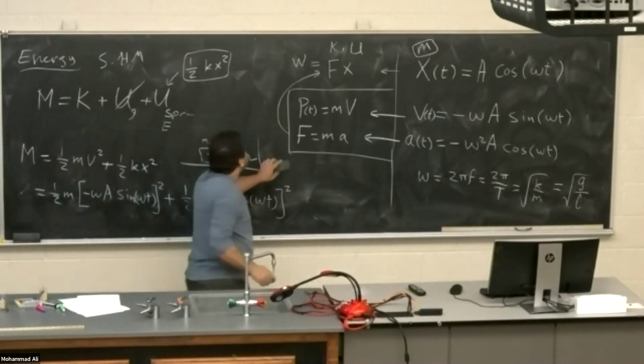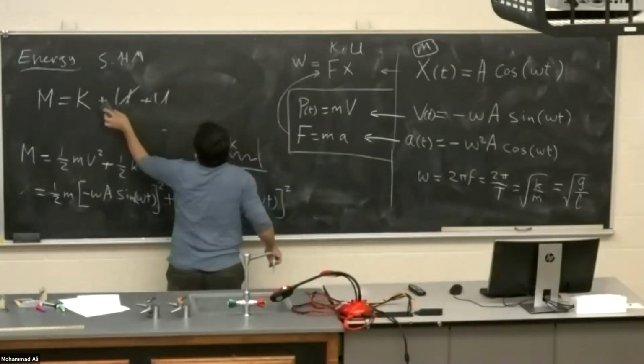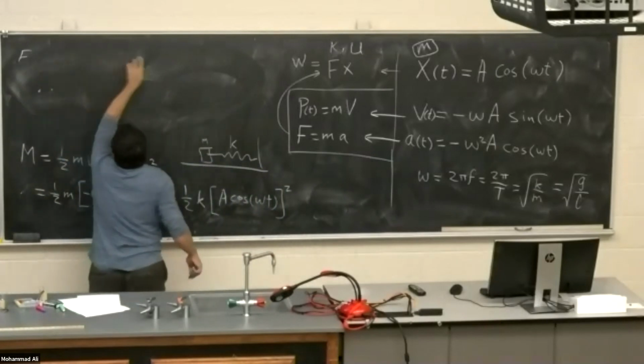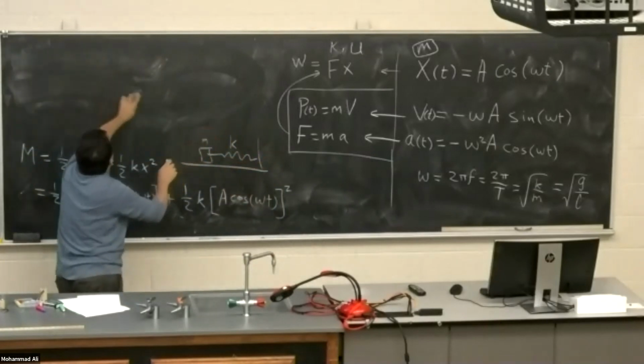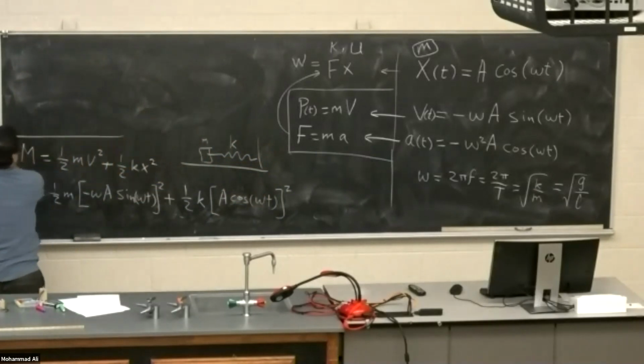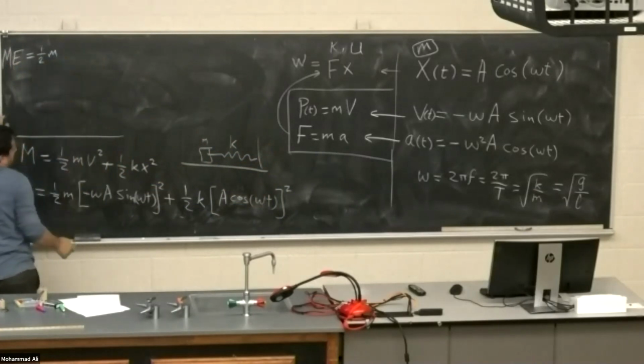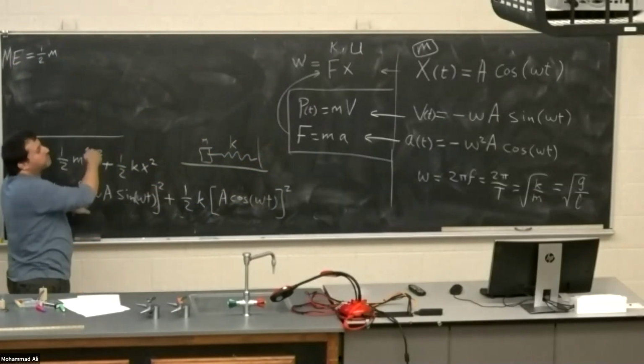Okay. I'll remove this. I need to keep this relation there just to show you we just have this relation. We don't have anything else. Okay, square them, square everything. So E, or mechanical energy, is 1/2 m. The minus squared is positive.